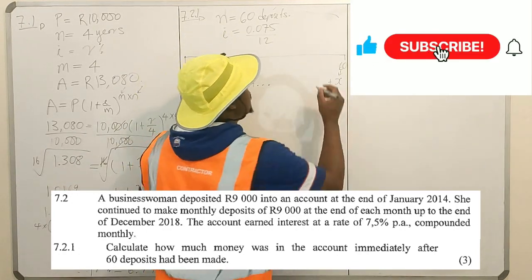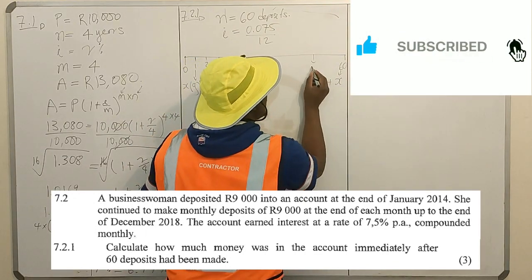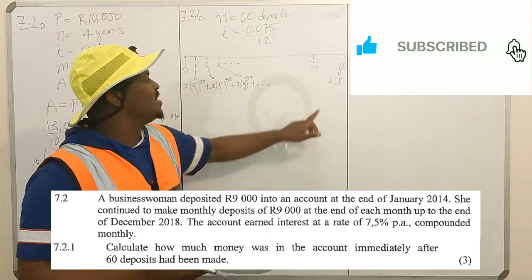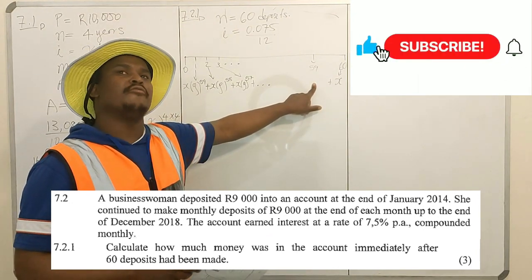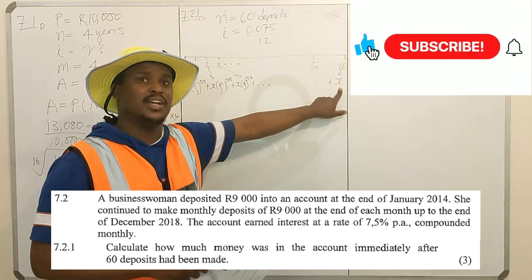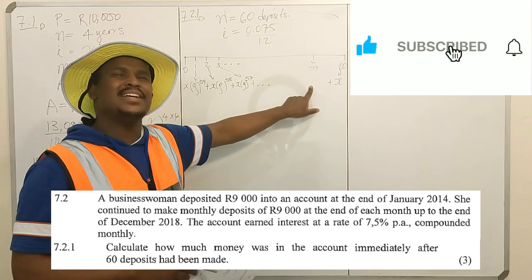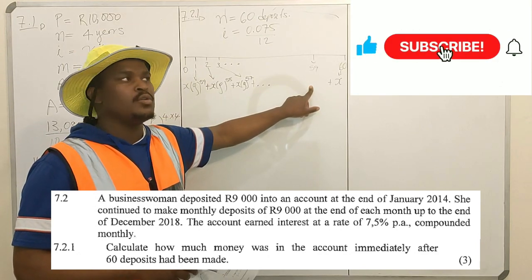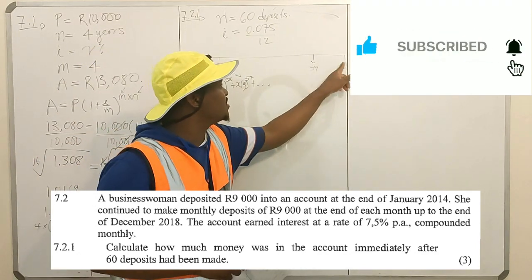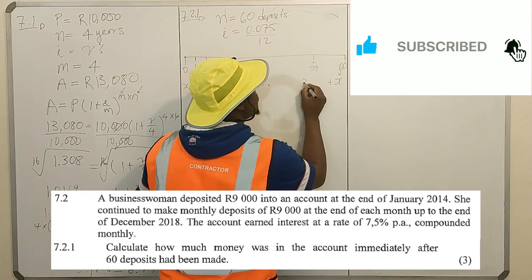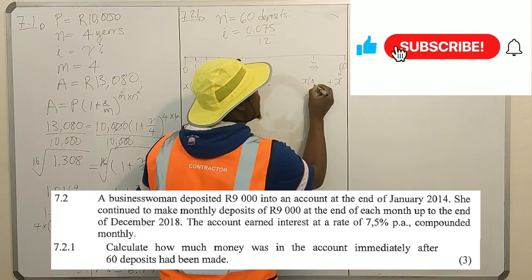But look at this. Now we can look at the 59th deposit. The 59th deposit is made at the end of November 2018, as that one is made at the end of December 2018. So the one that is made at the end of November has 1 month to gain interest, which will be December, this month here. So the 59th deposit, this one here, gained interest for how long?